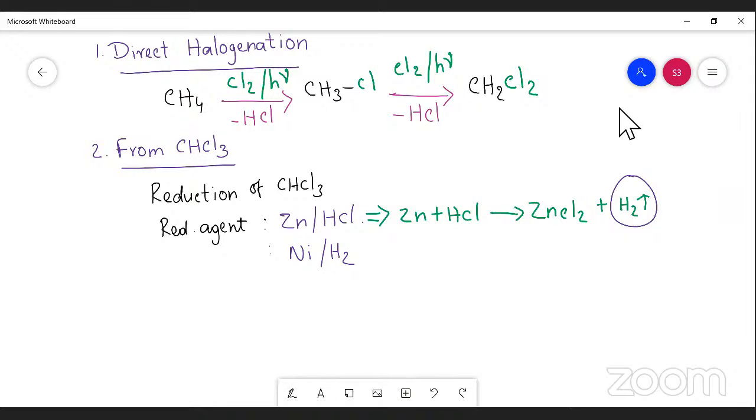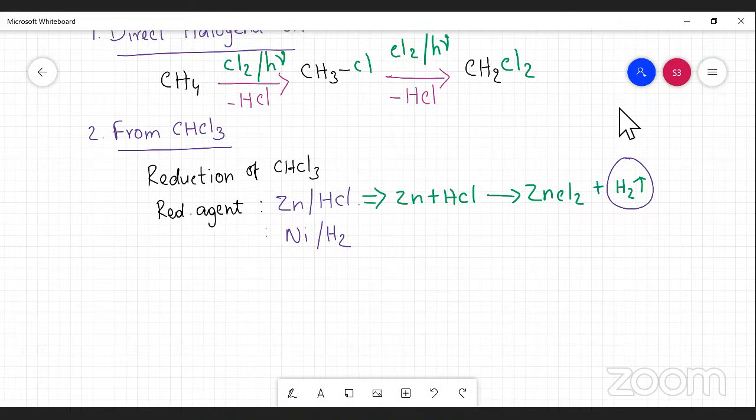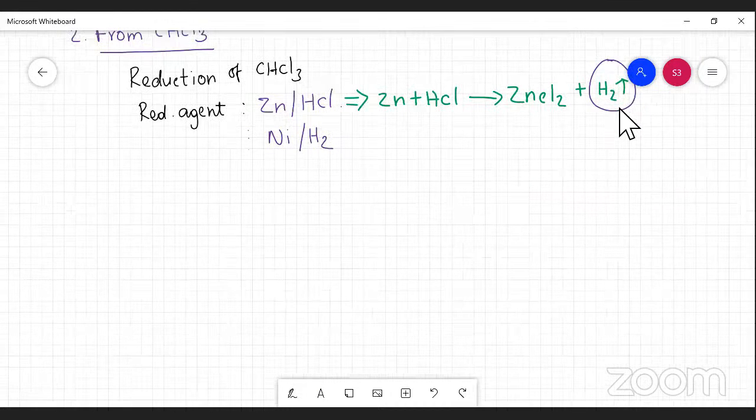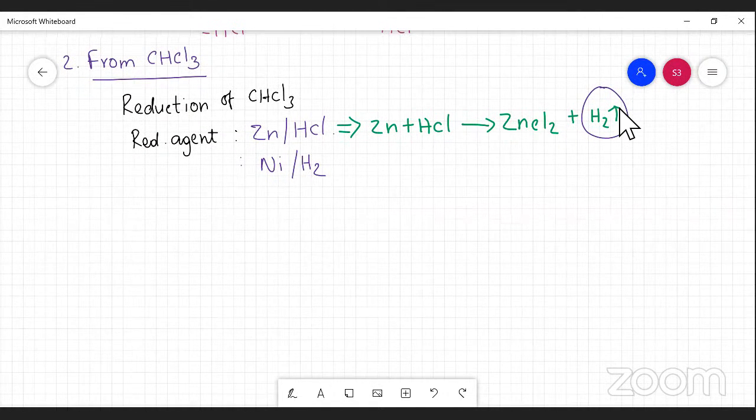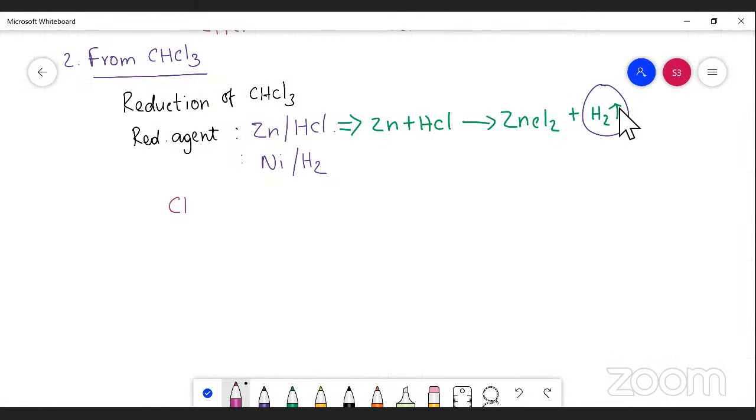Now listen, we are taking chloroform, CHCl3. When CHCl3 is reacted with zinc and HCl, what is zinc and HCl? It is a reducing agent which produces hydrogen.